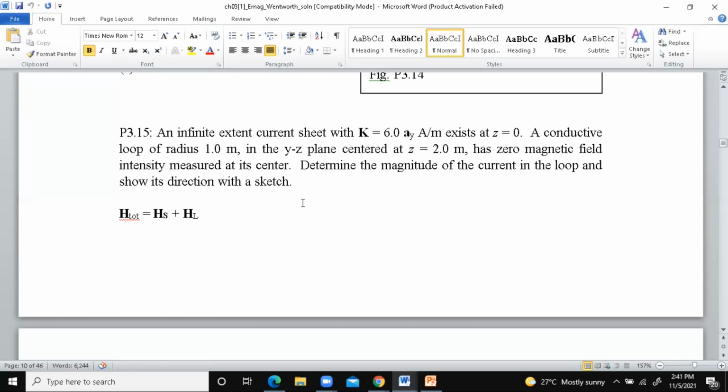Sir, first things first. It said there's a 0 magnetic field intensity at the center. That's HS, right, sir?